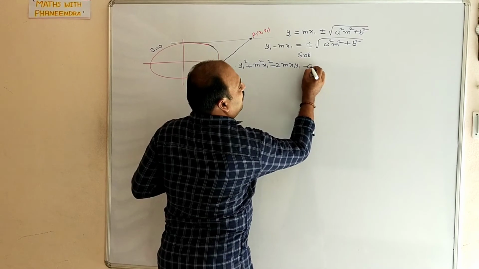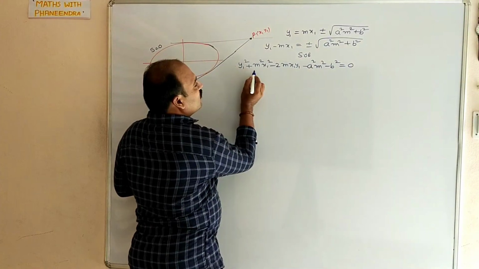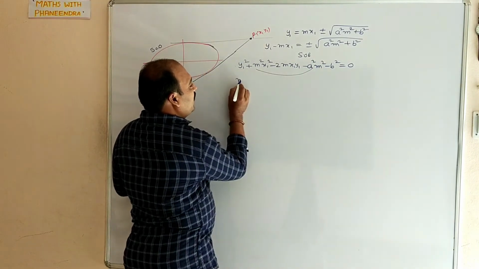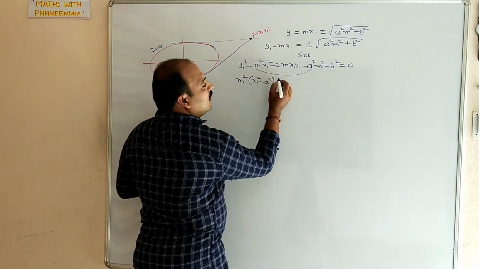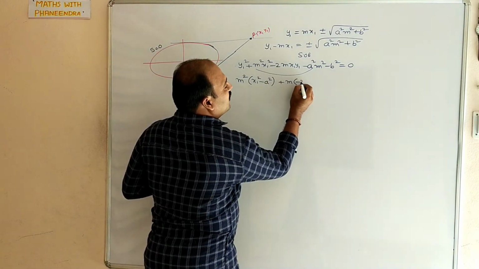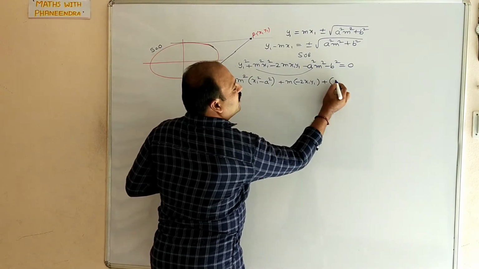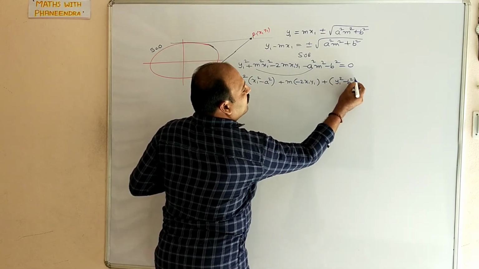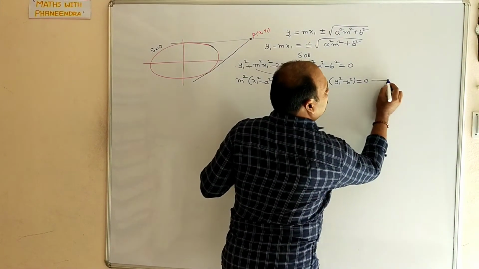We will get minus a square m square minus b square equal to 0. From these, take m square common: m square into (x1 square minus a square) plus m into (minus 2 x1 y1) plus the rest of the terms, y1 square minus b square. It is a quadratic equation.